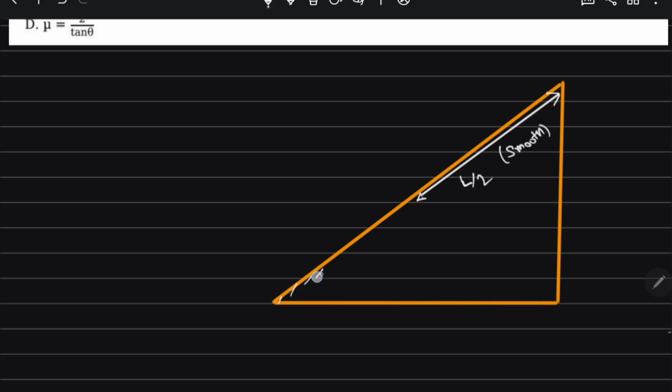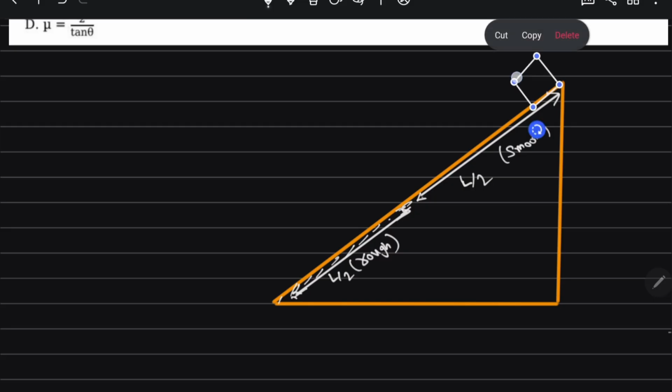And this L by 2 part is rough. This block is going to be started from here, and this block reaches this position.